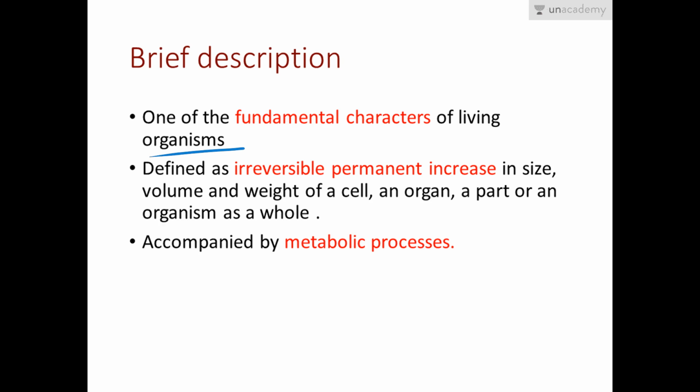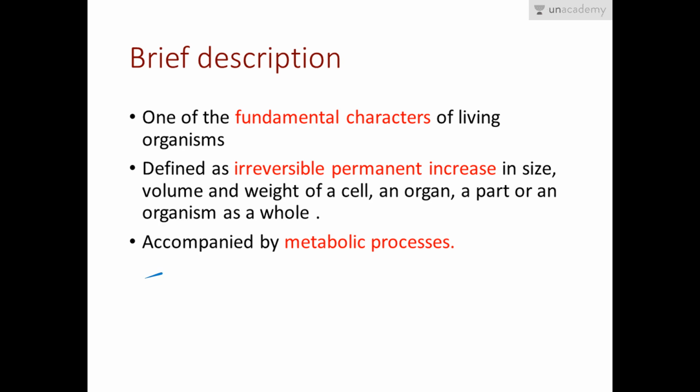The definition goes like this: it is defined as an irreversible permanent increase in size, volume and weight of a cell, an organism, a part or an organ, or an organism as a whole. So, any living entity that you take under consideration, if it is showing an irreversible permanent increase, it is defined as growing.